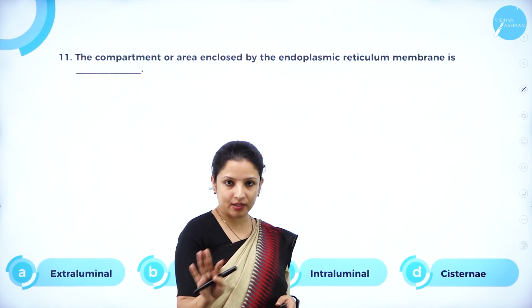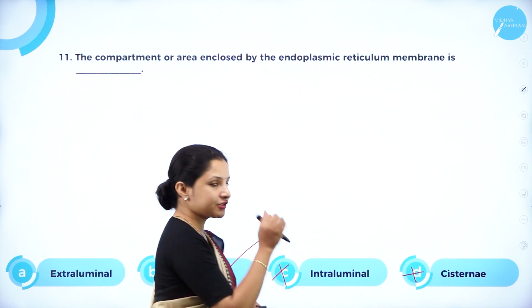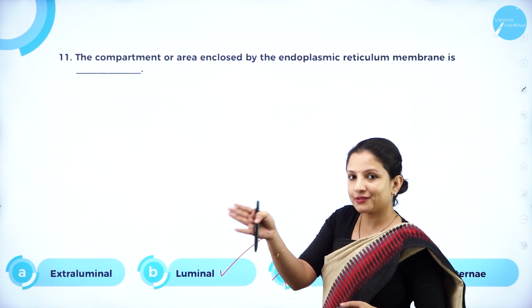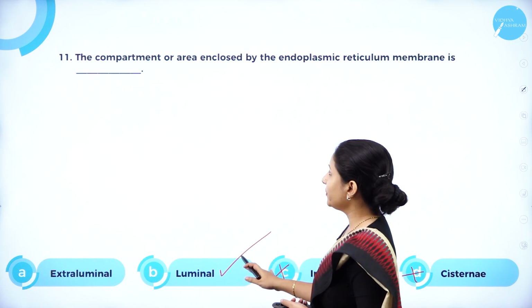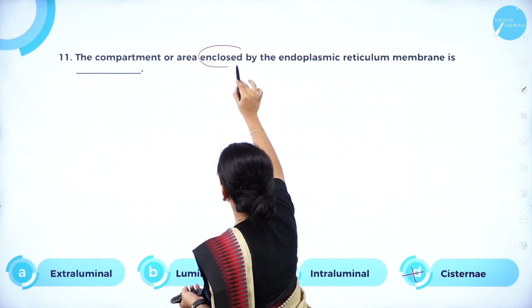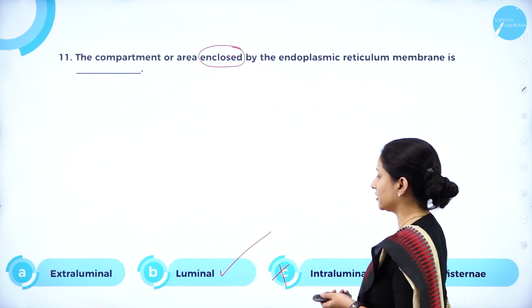It has nothing to do with the endoplasmic reticulum. And it is not intraluminal. It is just two things, luminal and extraluminal. Luminal is folding towards the inside, extraluminal is folding towards the outside. So, it is luminal here, enclosed. See, when the word enclosed comes, just use it as luminal in the case of endoplasmic reticulum.